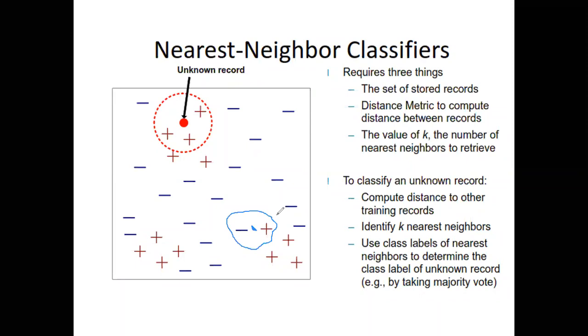Based on the k value, 3 or 4 or 5, among those neighbors, to which it is closest, we classify the new record, whether it belongs to the positive case, negative case, or some other class. Is it clear?